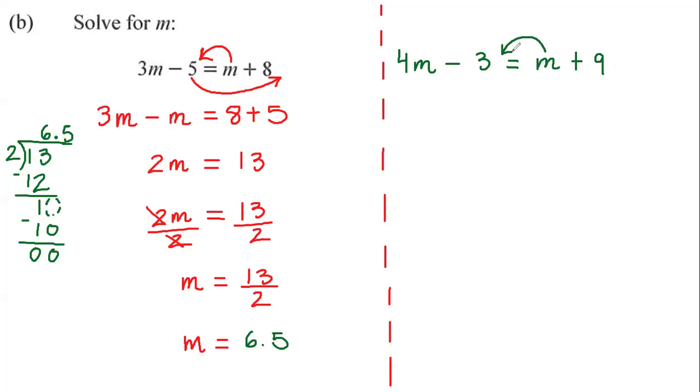Good. And I'm going to send the 3 to where? Next to the 9, and change it to a plus. Very good. So we have what? You have your answer inside the chat. Very good.